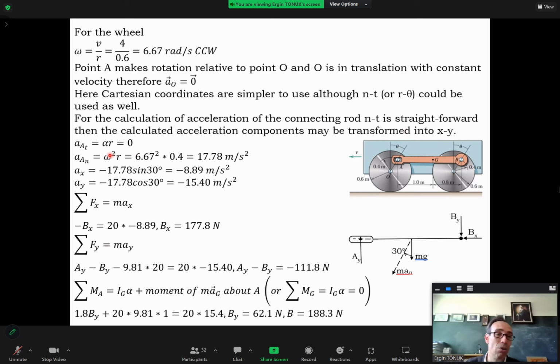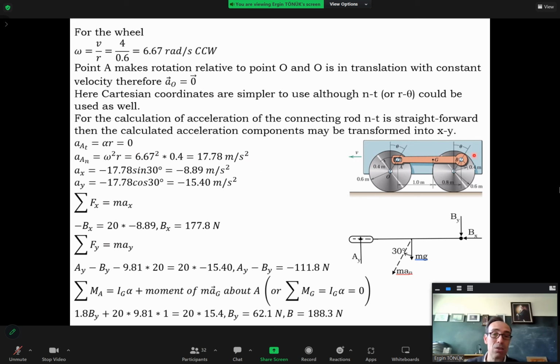And here, omega and alpha are those of the wheel, okay? Since the vehicle is traveling with constant speed, actually the wheel speed is constant and the angular acceleration of the wheels would be 0. So I will have no tangential acceleration for the pins, but because they are on circular paths, that's the normal acceleration. And as you see, it is quite large, nearly 2g, okay, twice the gravitational acceleration constant.